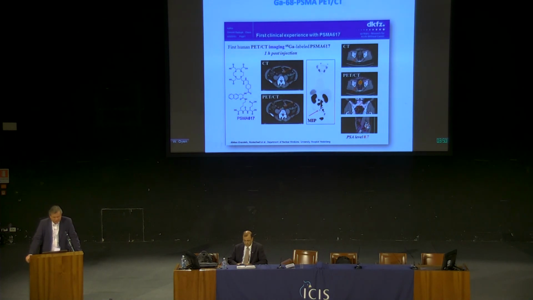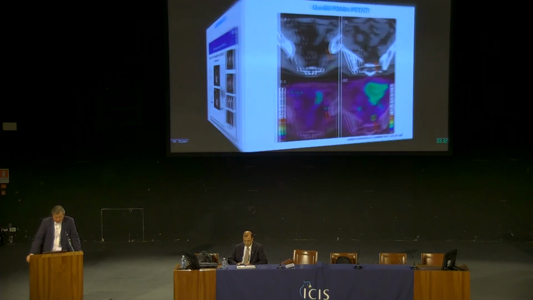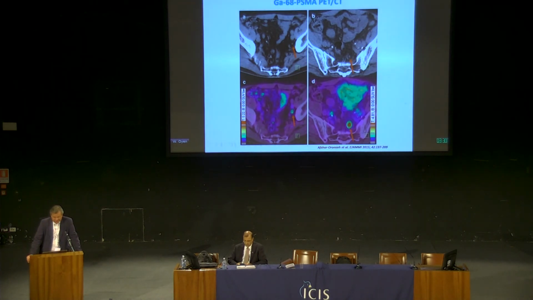And this comes from the initial publication from Heidelberg and shows you another PSMA compound, the 617, which basically shocked the nuclear medicine world because of the high targeting of small lesions. And it clearly showed that we could finally target disease in a phase that we were never able to detect before. So really small lesions down to 2-3 millimeters.